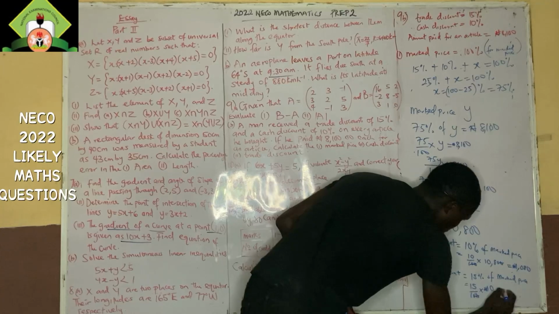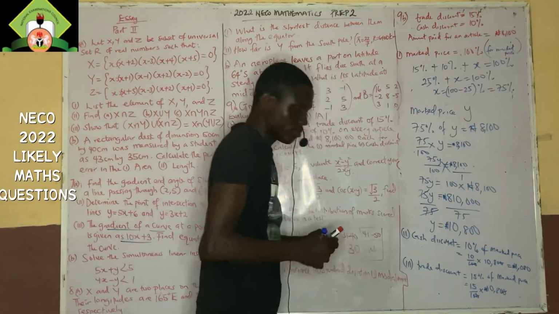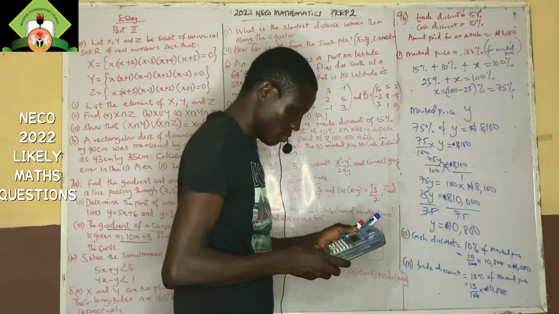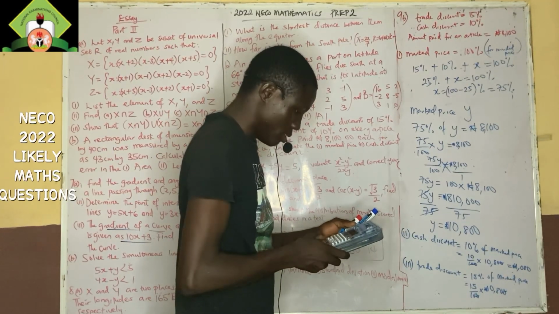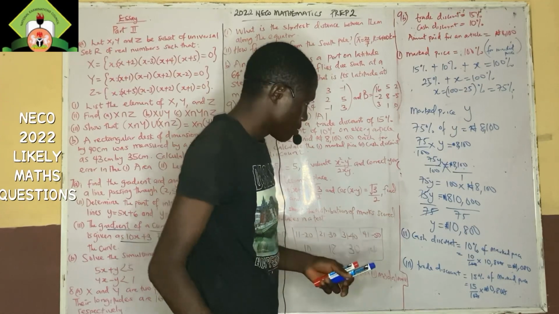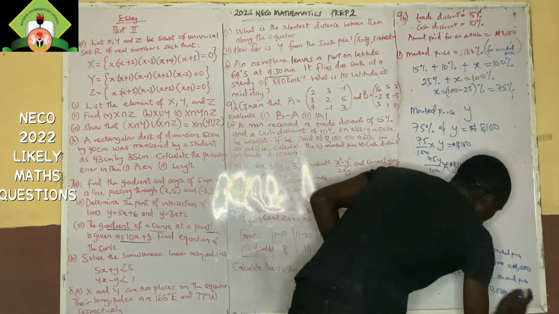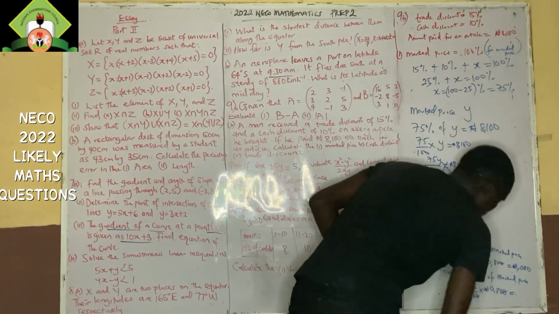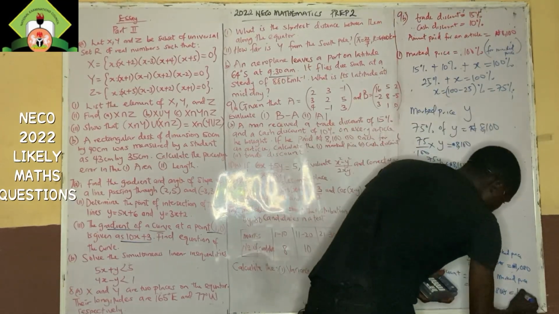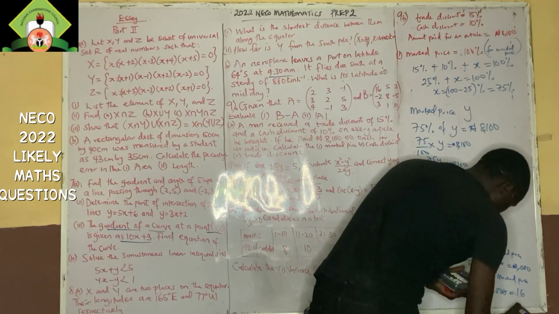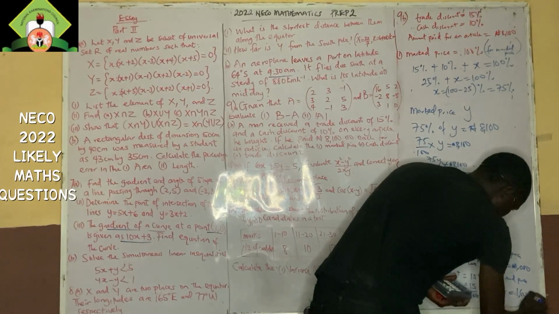So this one cancels out. So 15 times 108. This one will be equal to 1,620 naira.